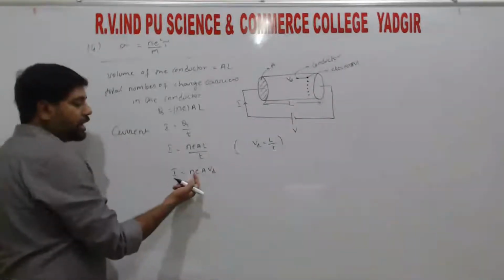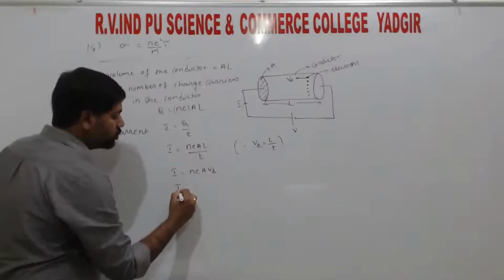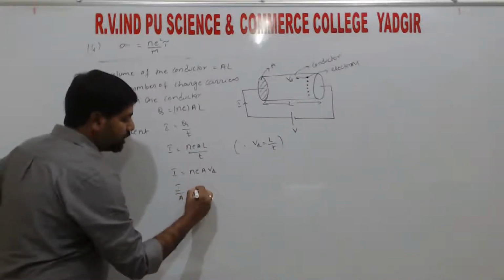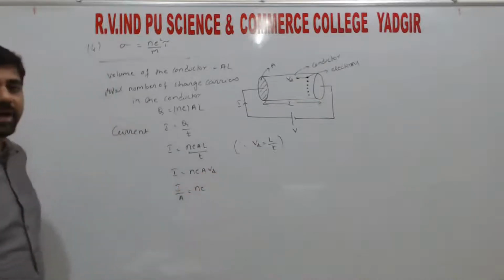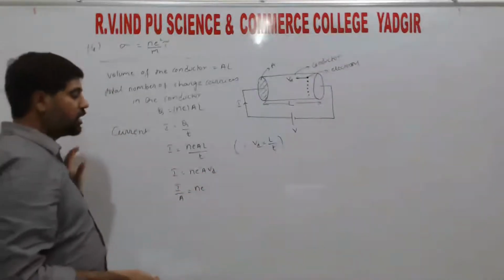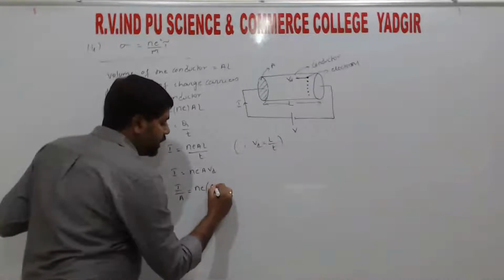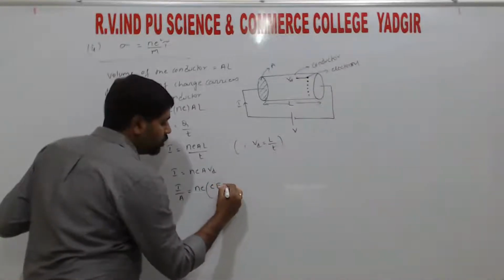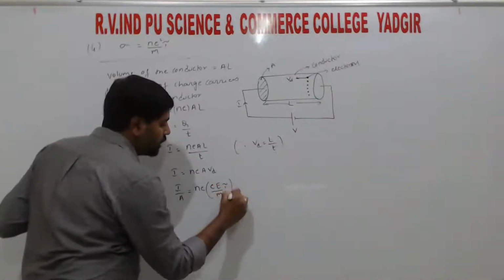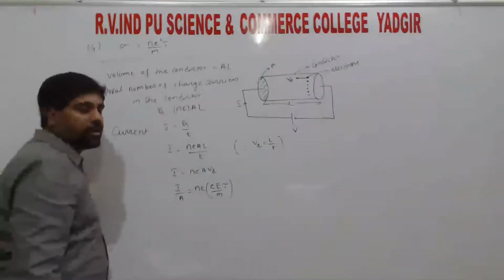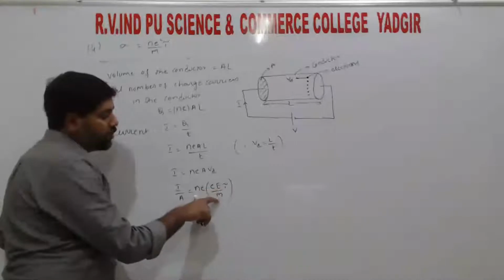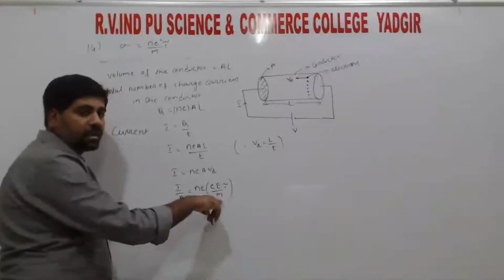Now shift the area to the LHS, that goes to the denominator: I divided by A is equal to N E Vd. So replace the value of Vd. We know the drift velocity value, that is E tau divided by m, right? We derived this drift velocity in the 3 marks question. So E by m gives the acceleration, into time.